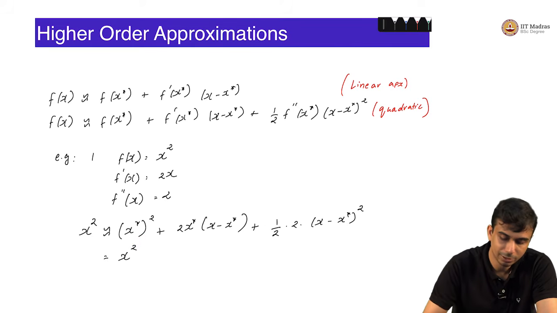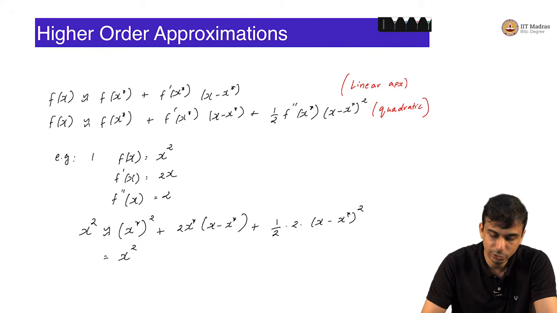So you end up with the approximation being exactly equal to the function, because the function itself is quadratic in nature. A quadratic approximation is going to give back the original function itself.